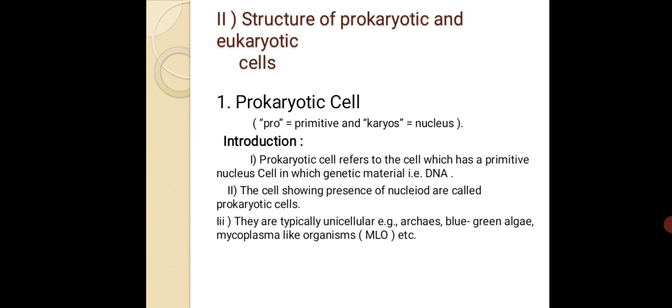Prokaryotic cells refers to the cells which have a primitive nucleus in which genetic material, that is DNA, is present as a nucleoid. They are typically unicellular. Examples are bacteria, blue-green algae, mycoplasma-like organisms, that means MLO, etc.